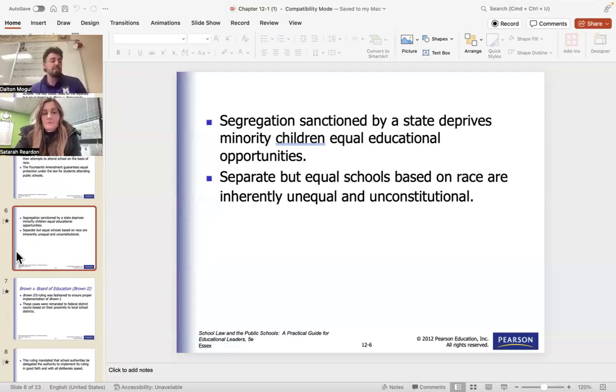This does change segregation in schools to a place where now they're going to be desegregated, but it was following the Brown versus Board of Education case where things got a little complicated. The implementation of Brown versus Board was, you could say, lackluster.